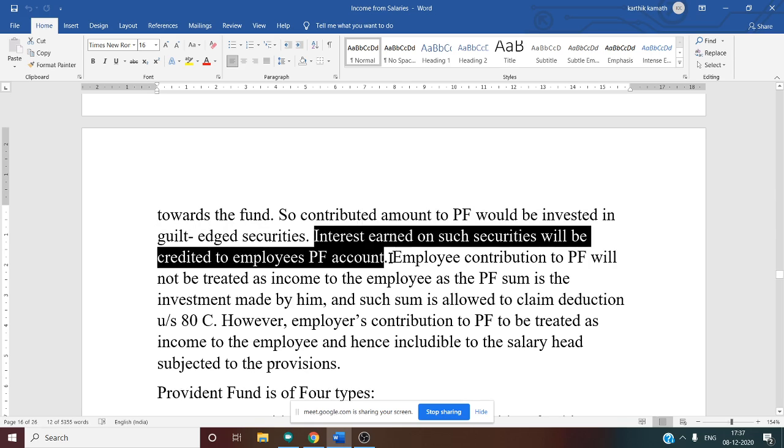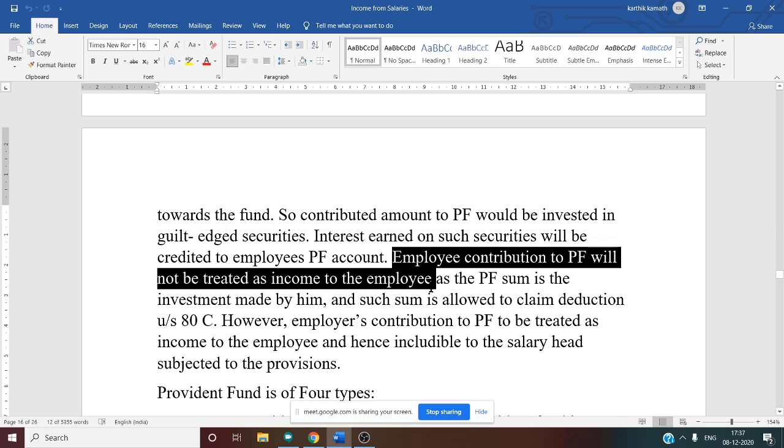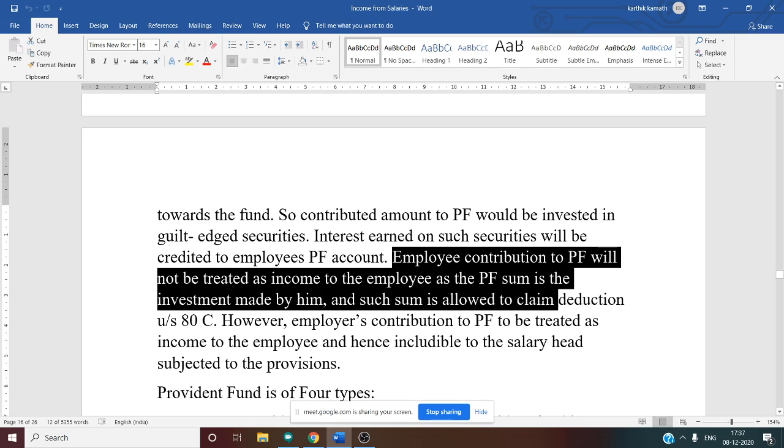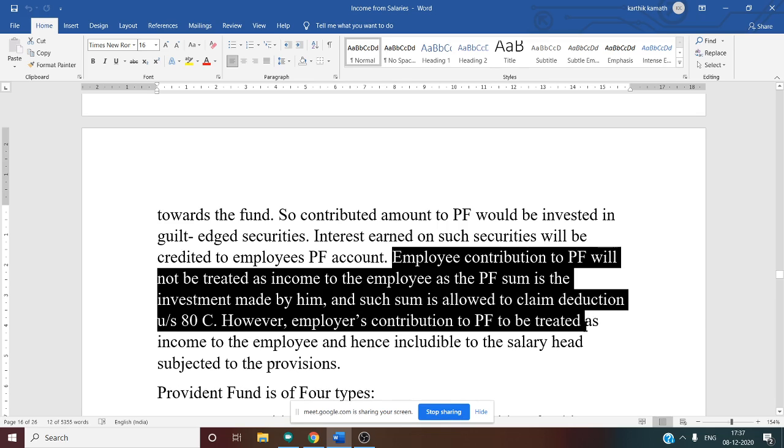After that, what happens? Employees' contribution to PF will not be treated as income to the employee. Why? Because PF is a sum, an investment made by him, and such a sum is allowed to claim deduction under section 80C.